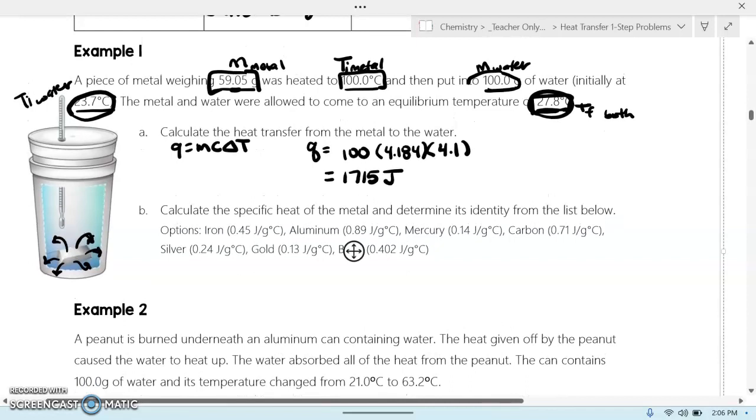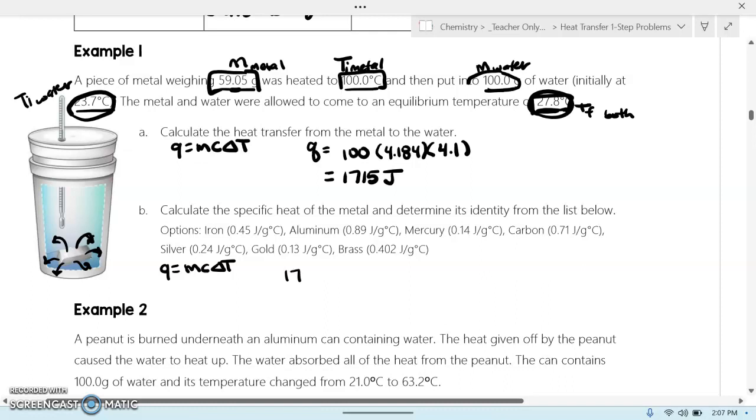We have the metal's mass, starting temperature, and ending temperature, and now we also have its heat transfer, because the heat absorbed by the water in a calorimeter has to be the amount of heat also released by the metal. So we can use this amount of heat we just calculated as Q when referring to the metal as well.